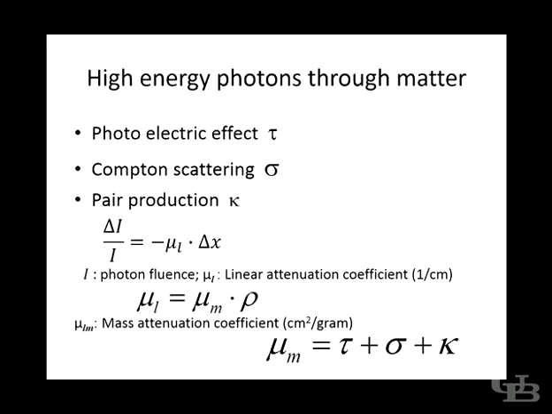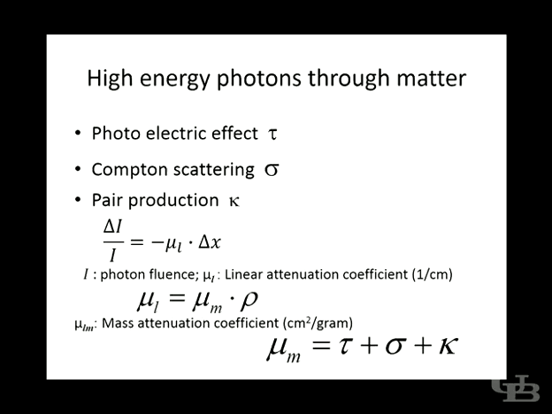So you can imagine, let's ignore time and just consider one time moment. We look at one unit area, 1 square centimeter. Imagine that we have 100 photons hit this surface. So this I would be this 100. And then suppose the thickness of the material is delta X. Imagine it's very thin.